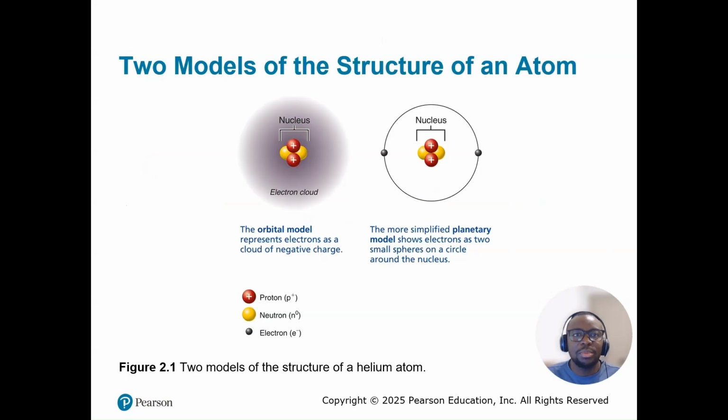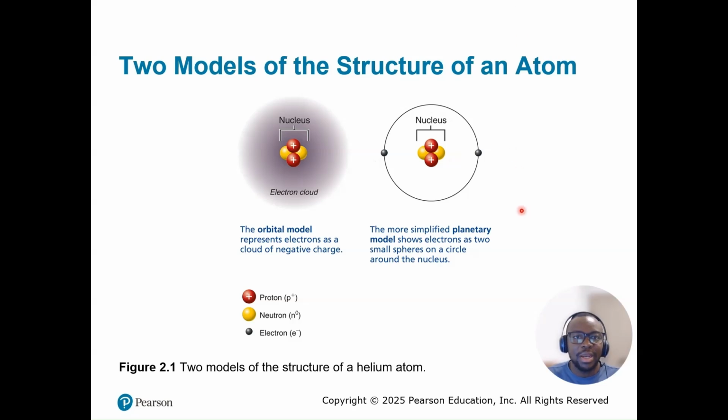Two models have been proposed to explain the structure of an atom. These are the orbital model and the more simplified planetary model. As you can see here, the planetary model depicts electrons moving around a nucleus in fixed circular orbits or shells.